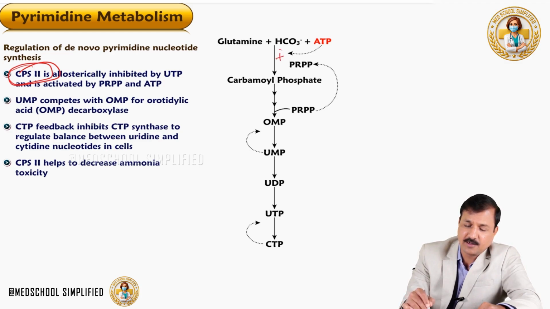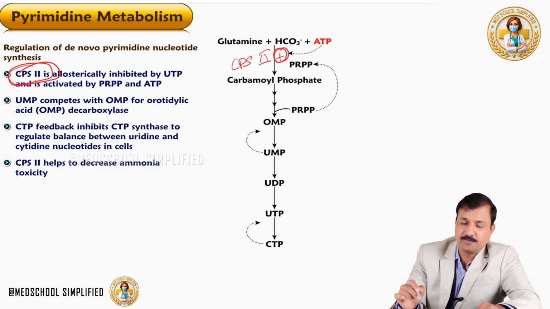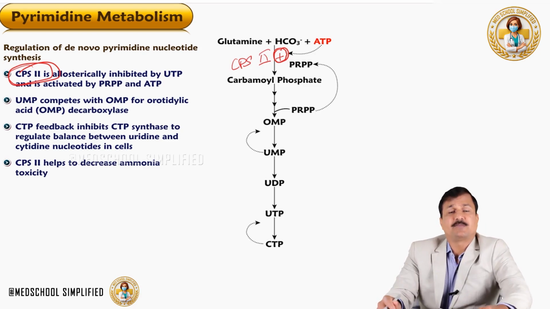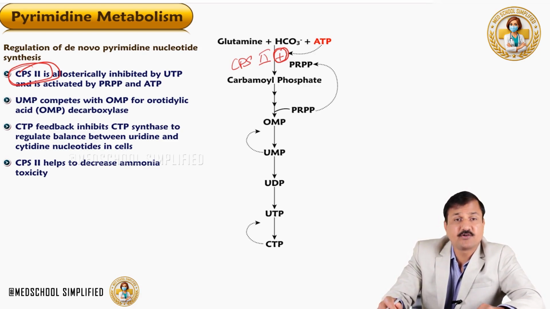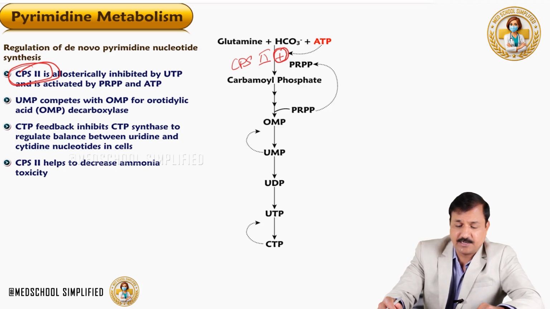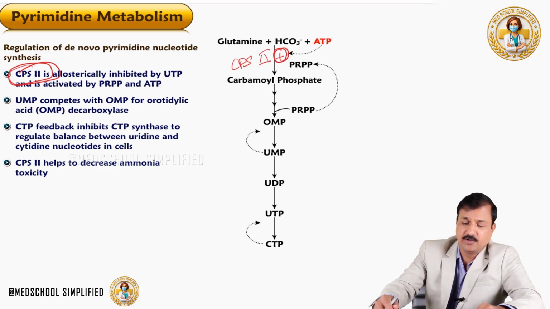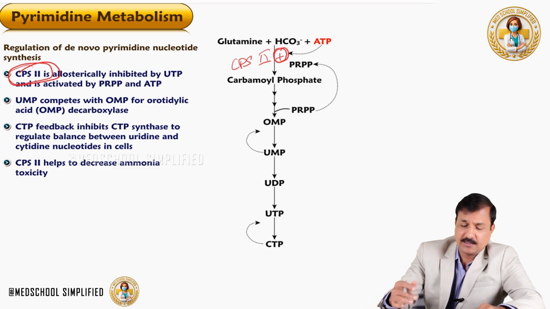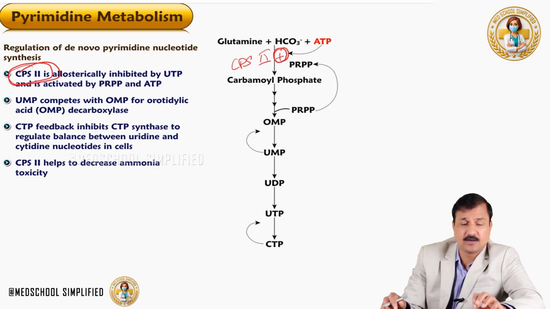Both of them are positive modulators on the CPS-II enzyme, thereby increasing the formation of carbamoyl phosphate, and that carbamoyl phosphate going into carbamoyl aspartate formation, and then all the way into OMP, UMP, UDP, CTP and all that.